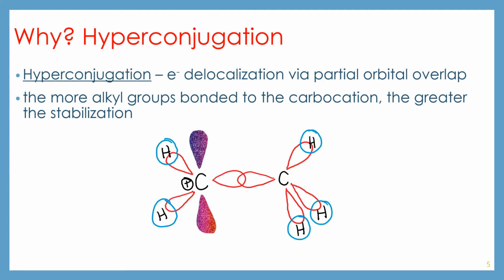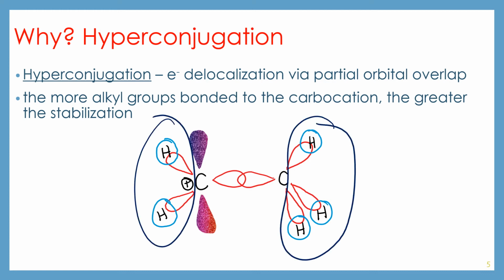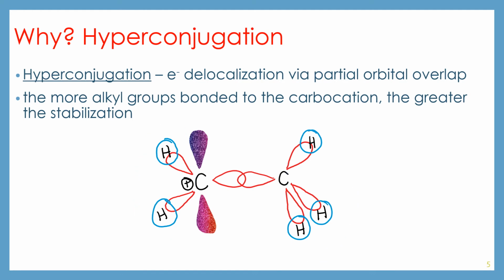So for example, in this situation, we have a carbocation formed from ethane, or maybe from ethene, but you have two carbons, they both have a ton of hydrogens on them, and you have the unhybridized p orbital for our carbocation. Now, remember that orbital overlap is how bonding is created, and pi bonds are created through the overlap of unhybridized p orbitals.